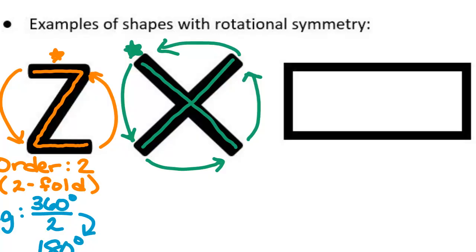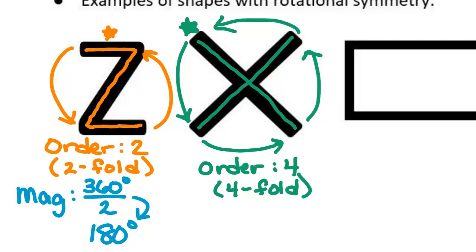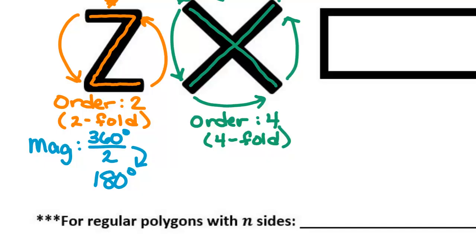So how many times as I spun around in a complete circle did it land on top of itself? 4 times. So we say it has order 4, or 4-fold rotational symmetry. I do not know why they use the word fold when they're talking about rotational symmetry, but you say it has order 4 or 4-fold rotational symmetry.